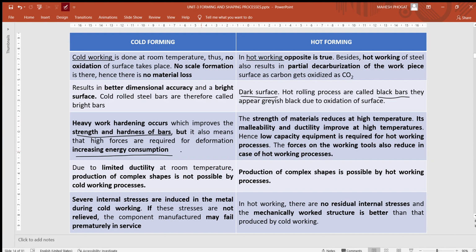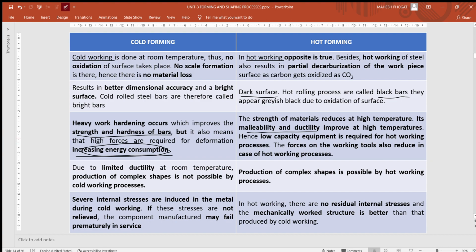To reduce the energy consumption, people generally go for hot forming. The strength of the material reduces at high temperature, but malleability and ductility improve.